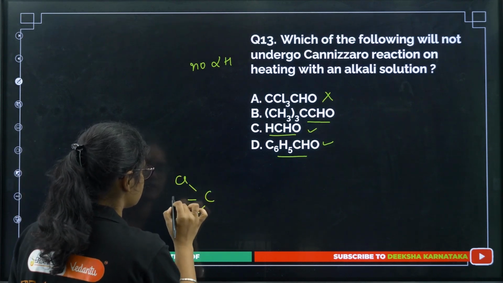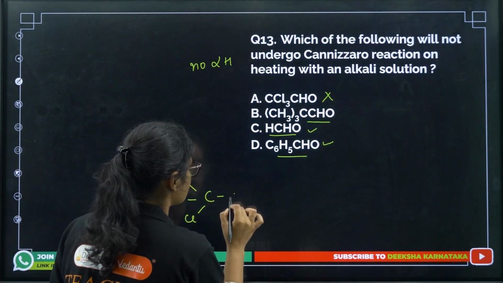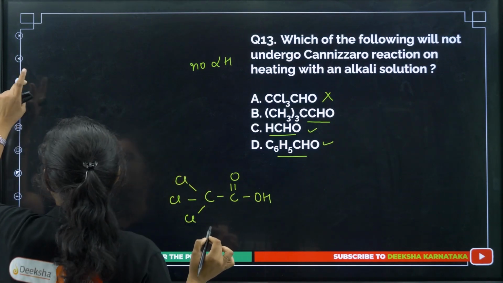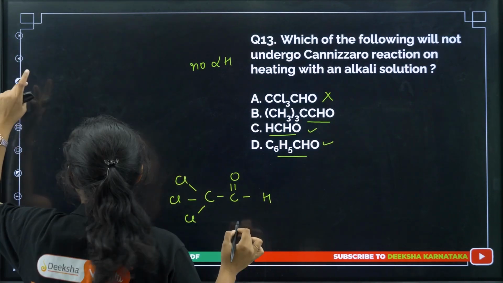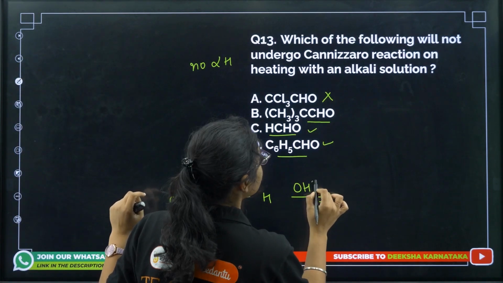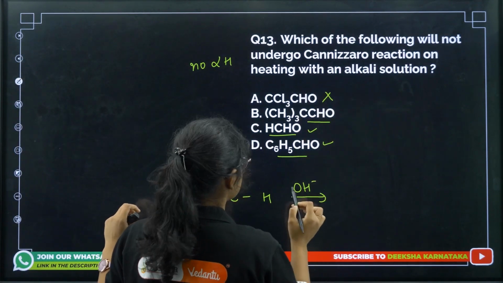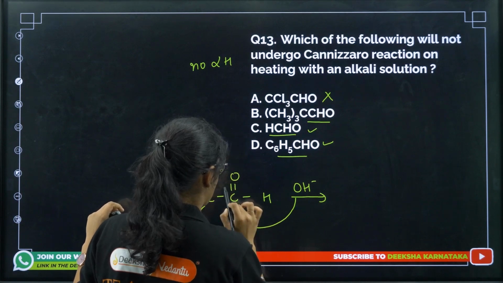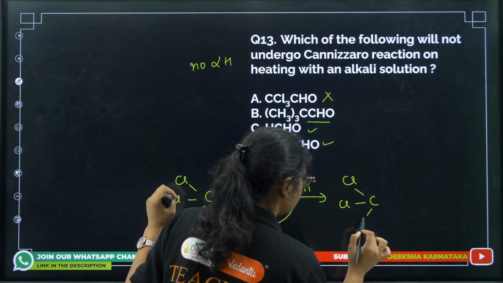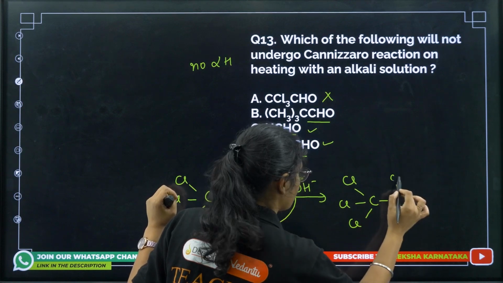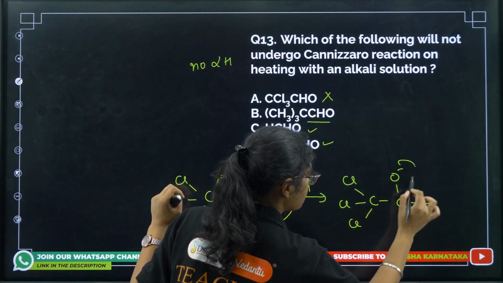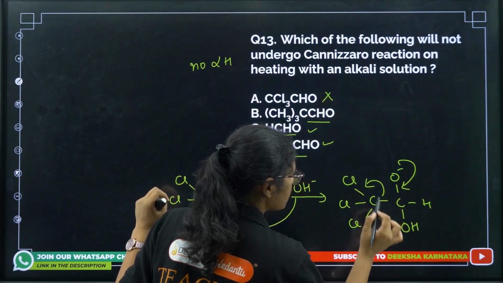Now, see, the structure is like this, CCl3, then C double bond O, H. Now what happens? This OH minus from your alkali solution attacks here and this bond shifts here. So we get CCl3, then O minus and OH and then H. After that, this comes back and this bond cleaves here.